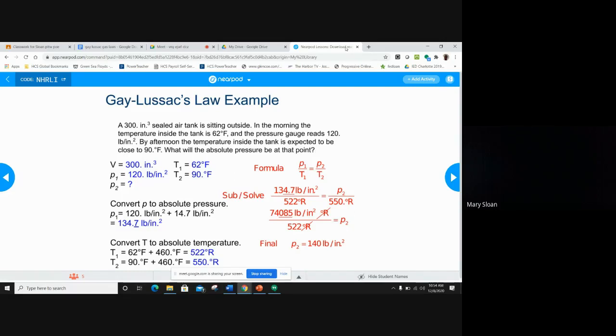Okay? So let's see what we got here. So we've got P1 over T1 equals P2 over T2. So what is our first pressure? 120. Where do we get 120 from? It's right there in the question, isn't it? We didn't have to do anything.